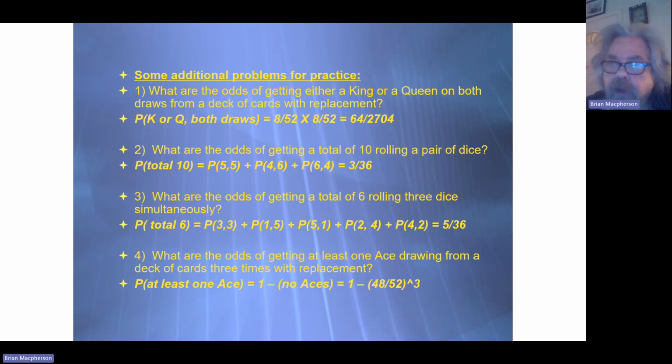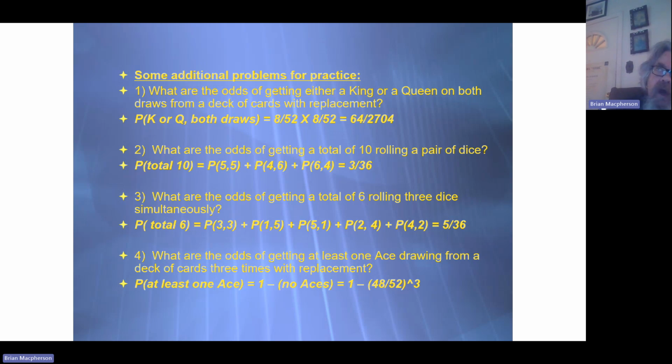When the events are not mutually exclusive, you can use the addition rule. You can also, if you want, use the complementation rule. So again, with the example I just gave you, the chance of getting a king or a queen or a jack, you can use complementation. It'll be 1 minus the probability of getting none of them, right? So if there's replacement, it'll be 1 minus, and what is 52 minus 12?